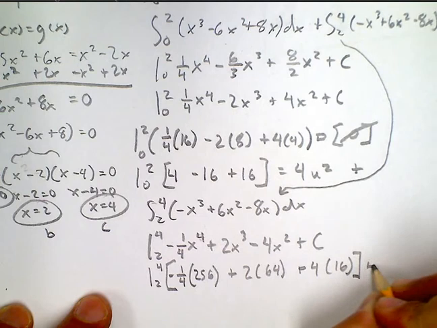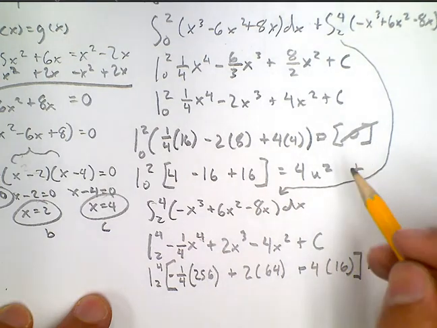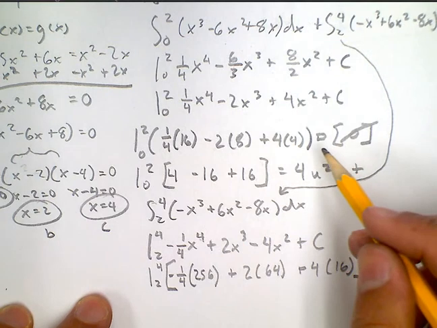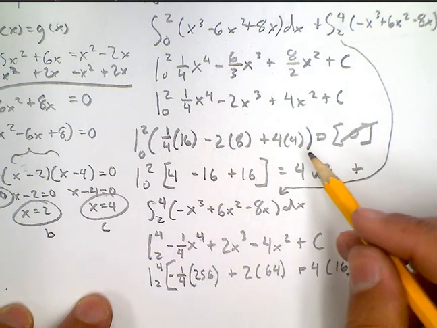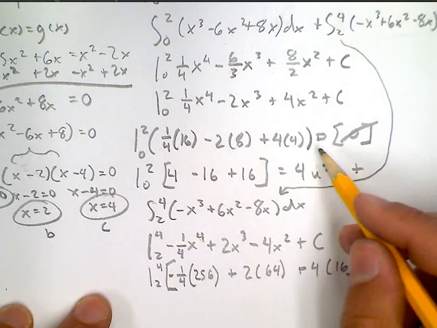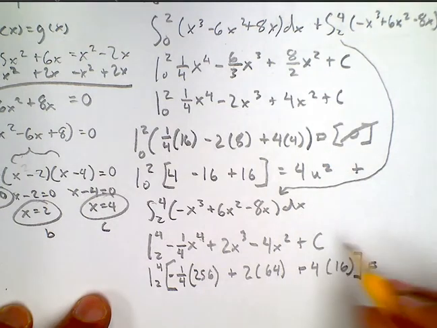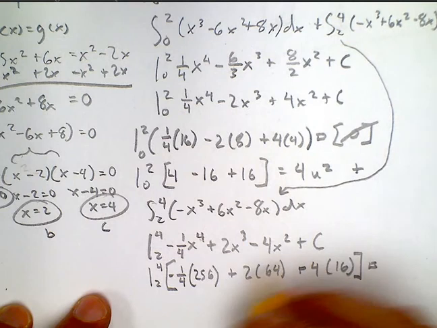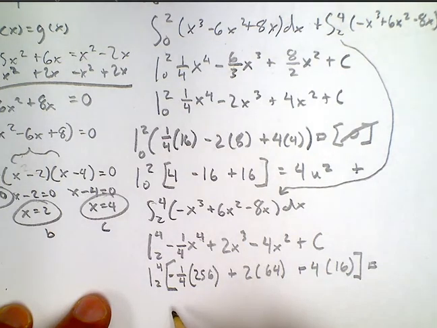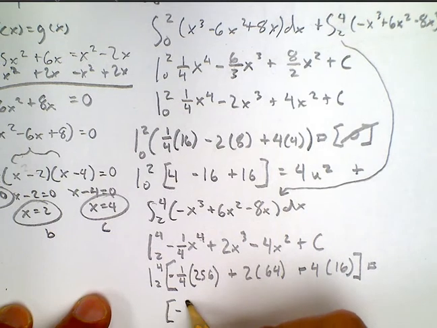Minus, plug in 2, but I already plugged in 2 up here. So I kind of know what those things are, but it's a different equation, so I shouldn't jump the gun so quickly. Let me just go ahead and be safe.